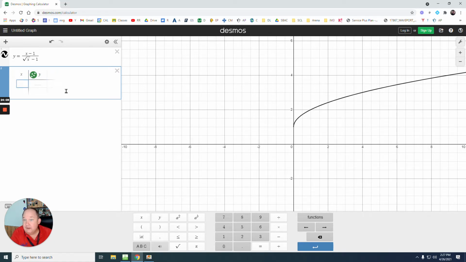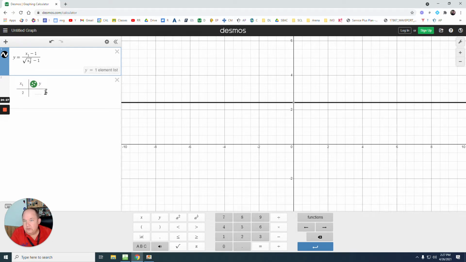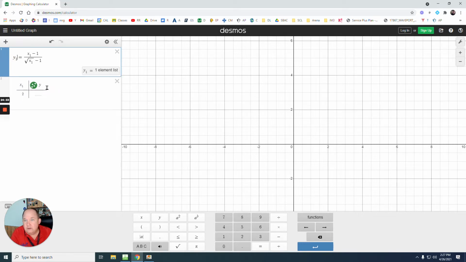So if I plugged in numbers around it, like if I plugged in 2, will it give me the answer? Oh, it doesn't like it. So if I said x1, see if I do it this way, will it give me the answer? It's not going to give me the answer. Okay, so let me just call this y1. So for some reason it doesn't like that.